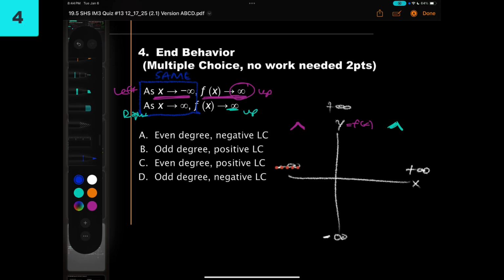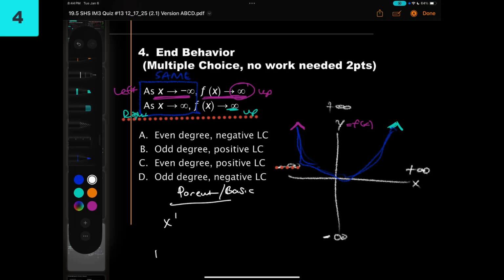Okay, so here's my graph. It looks something like this. Well, if you look at your parent graphs, the most basic ones, x to the first starts down, ends up, and x to the second starts up, ends up. So this is even degrees, and these are all odd degrees.